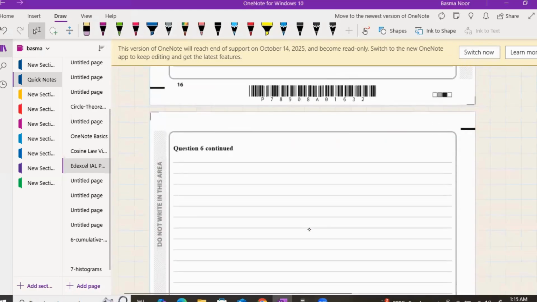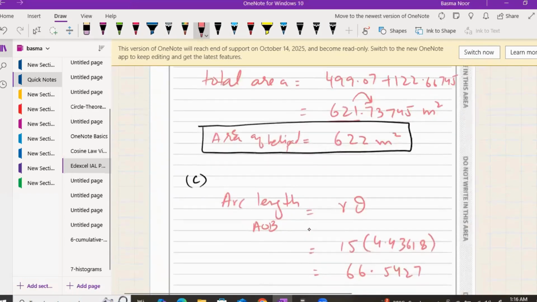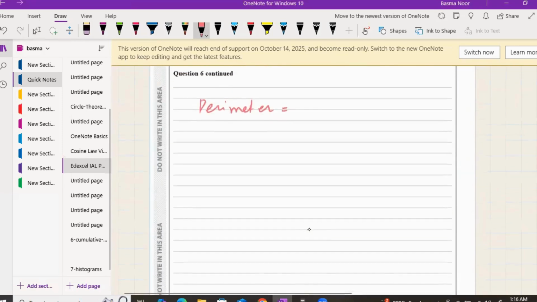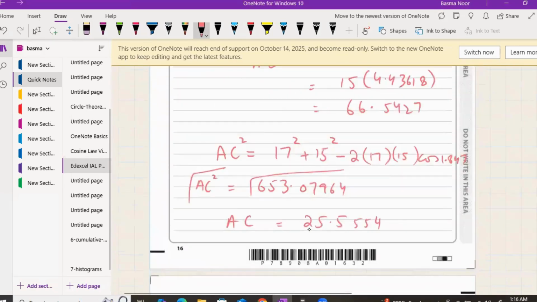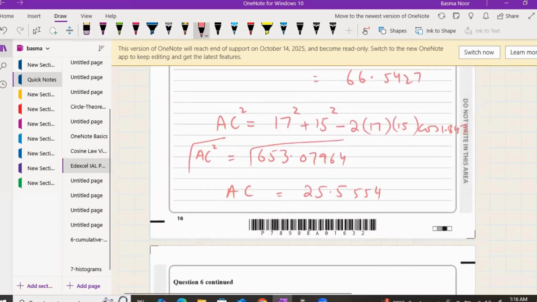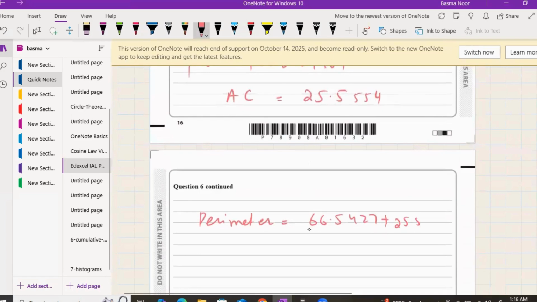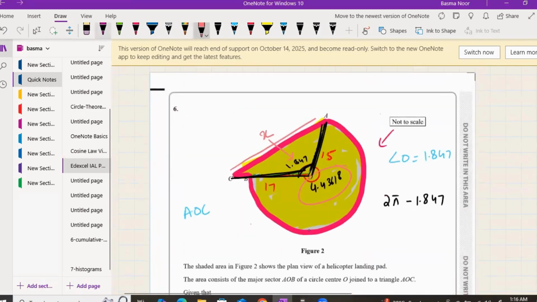Now the perimeter for the whole shape will be the arc length of the circle, which we got as 66.5427, plus the AC length, which is 25.5554, plus, we are not done yet. I'm just going to erase it now to show you.